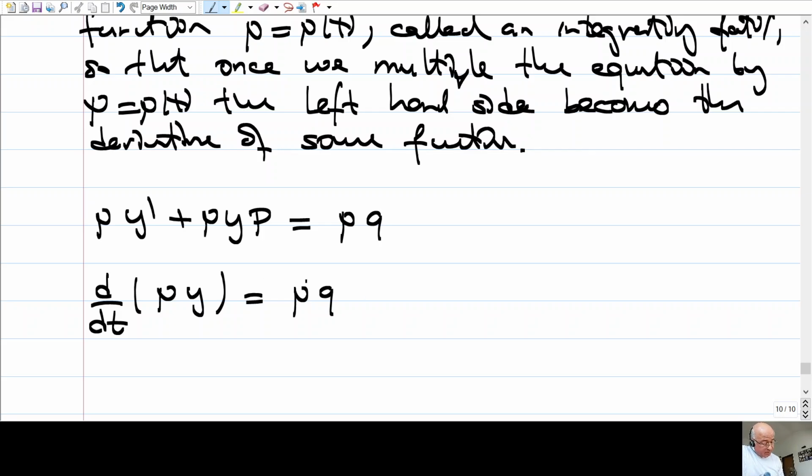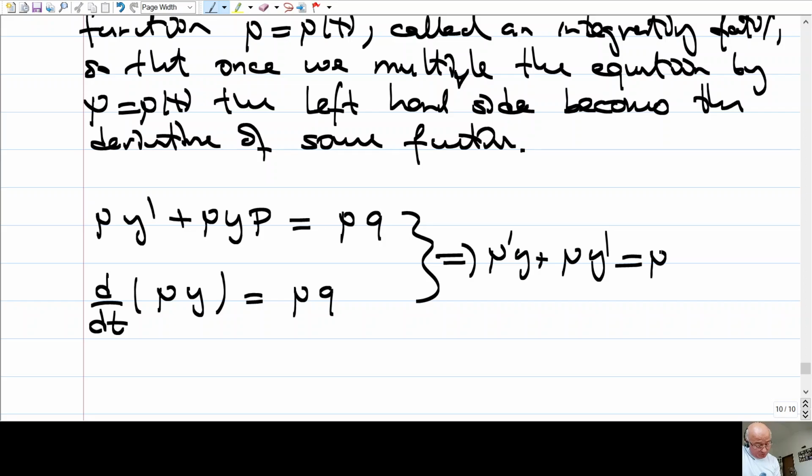Well, this means the following. When I take the derivative of this, we get mu prime y plus mu times y prime. So this has to be mu times y prime plus mu y p.